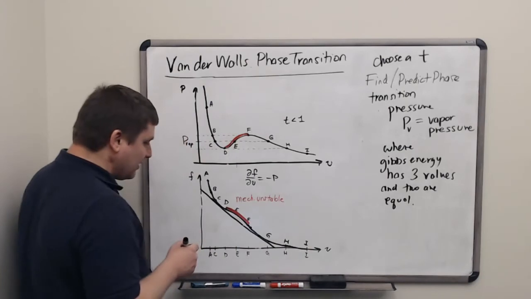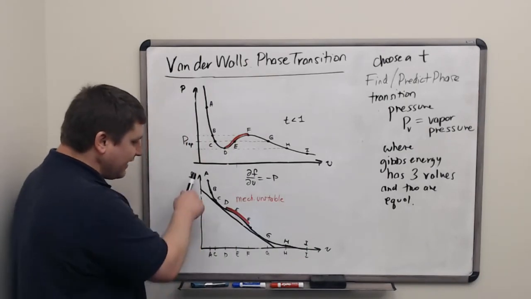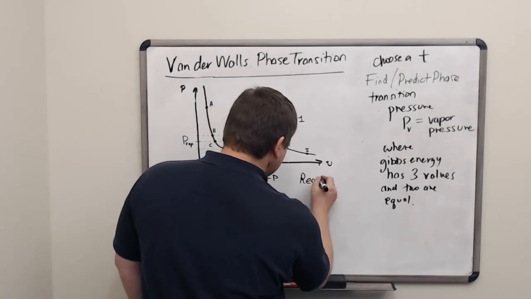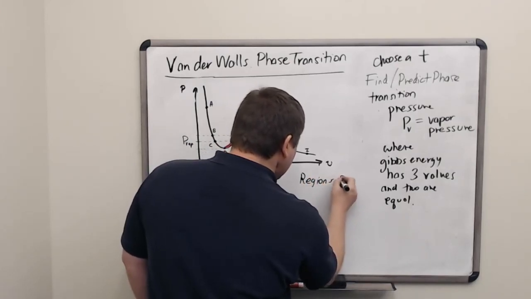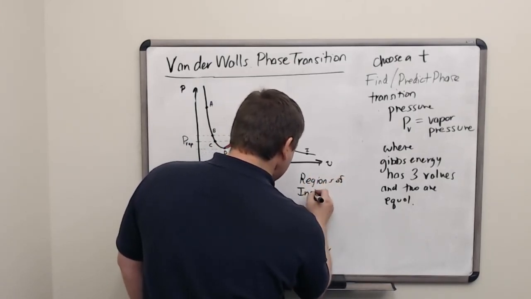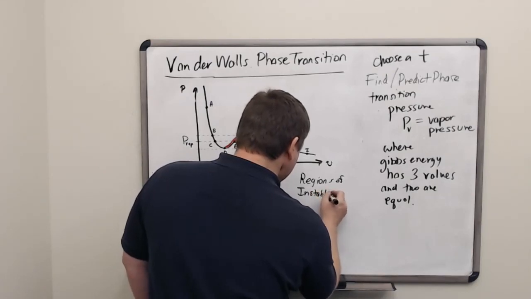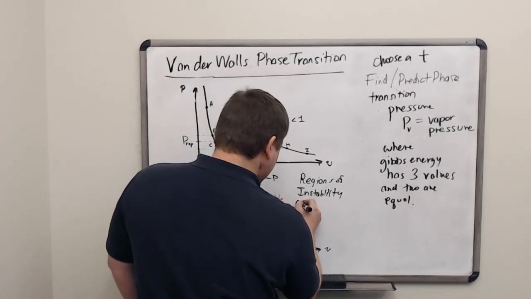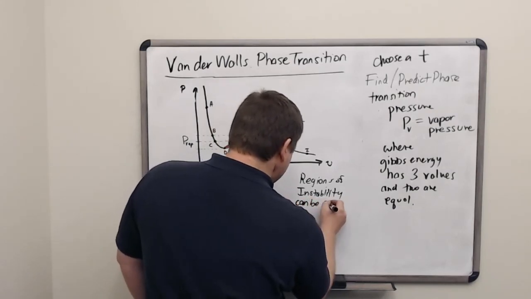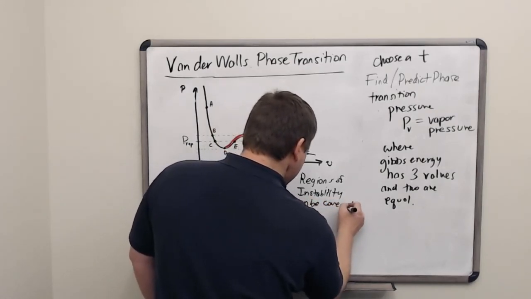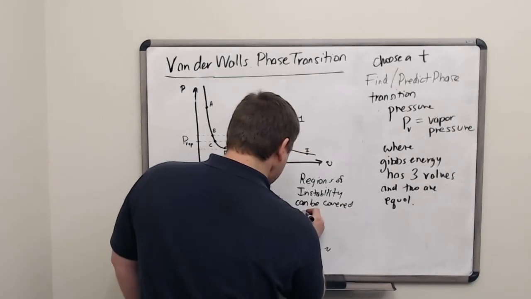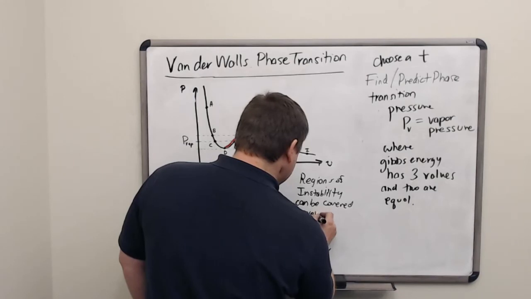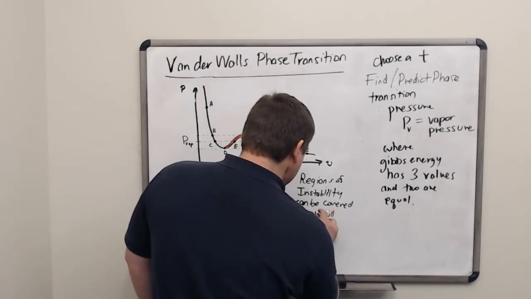So our conclusion here is, on the Helmholtz free energy graph, regions of instability can be covered by lines that are called convex hulls.